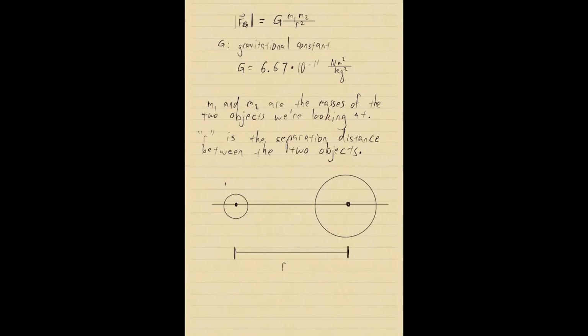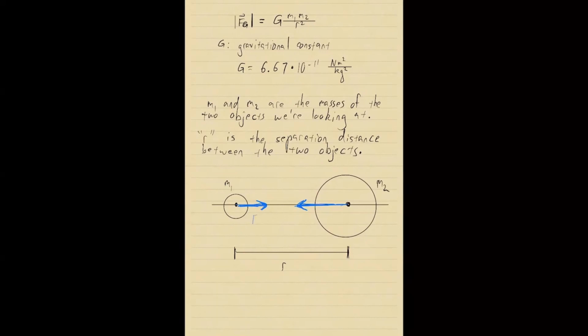Let's say that the mass of this first one is M1. The mass of the second one is M2. And so we're going to have some forces that look like this. We have one force pulling M1 towards M2, and then another force pulling M2 to M1.